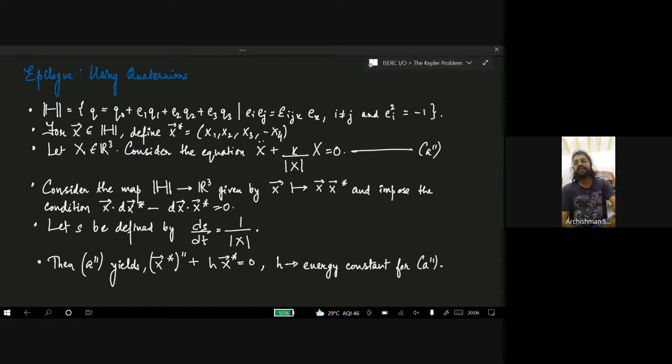So in complex numbers, you have this thing where i squared is -1.